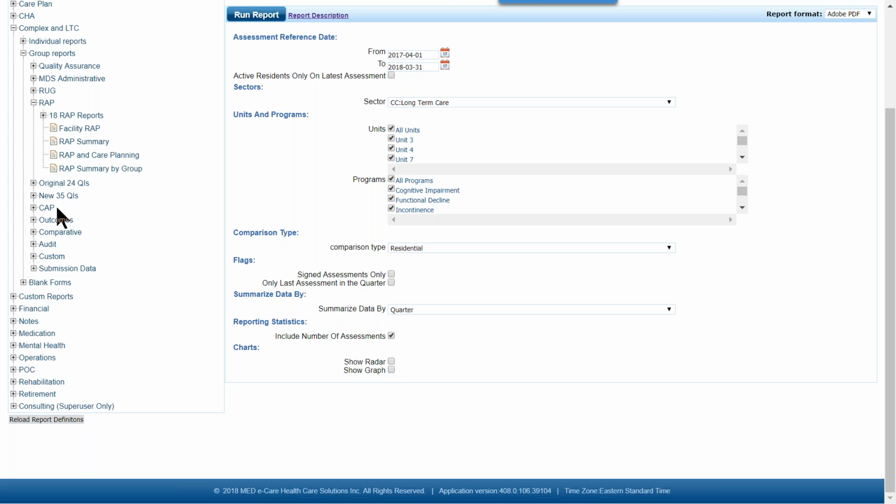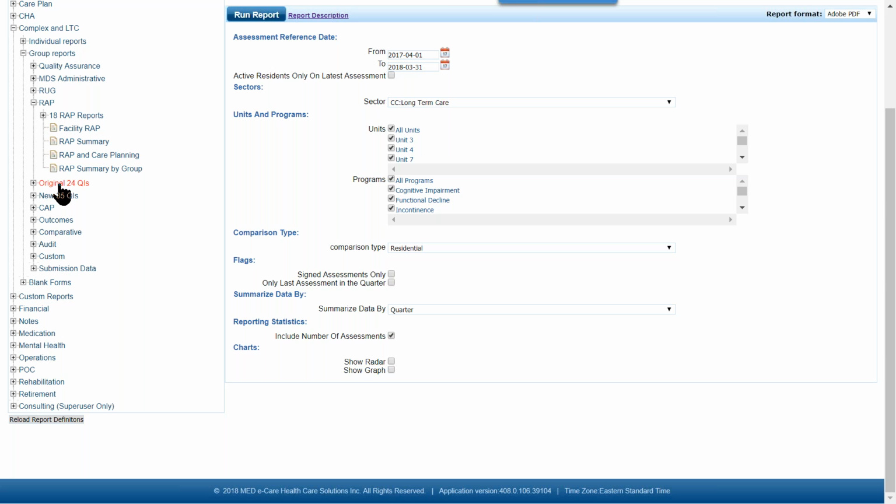The CAPS are different in how they're calculated, and there are some new CAPS that weren't in the RAPS, and some RAPS are just completely gotten rid of, okay? But whatever I told you about running reports for RAPS, CAPS is identical.